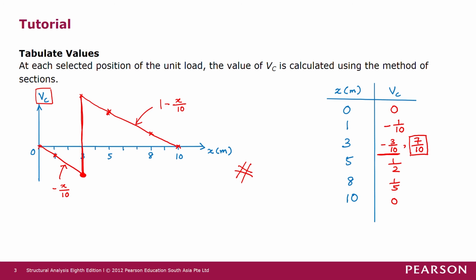When x equals 5, 1 minus 5 over 10 is 1 minus half, so it's half, same as the tabulated value. When x equals 8 meters, 1 minus 8 over 10 is 1 minus 4 over 5, so it's 1 over 5. When x equals 10, 1 minus 10 over 10 equals 0.